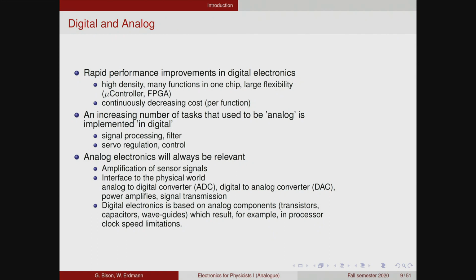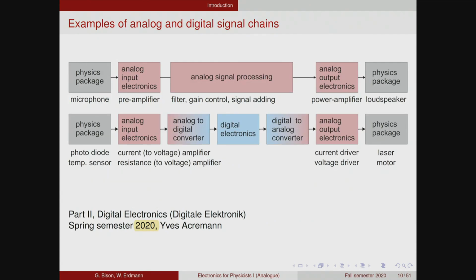The reason is because there are capacitances in this device that do not allow to switch frequencies that fast. So the limitations of those devices are because it's an analog signal. And if you want to overcome them, if you want to design the next best processor, you have to understand all the things that go into it. And so for that also, analog electronics will always be relevant.